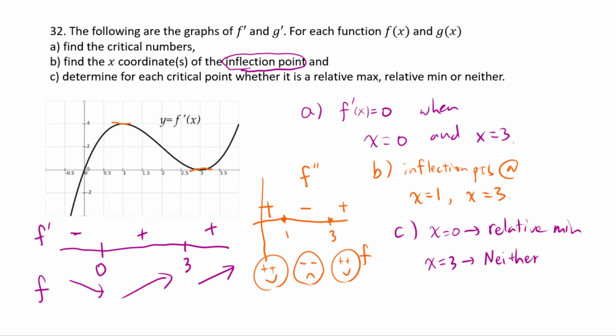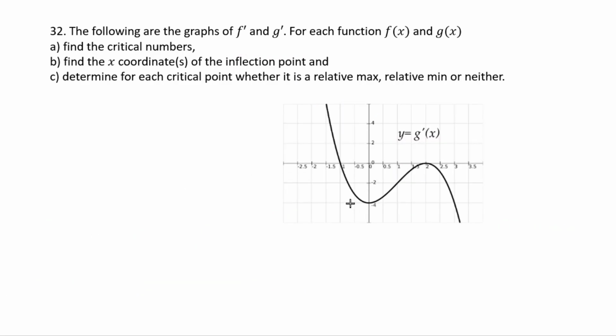All right, so let's do the same thing for G prime. Again, just draw a number line, plot where G prime is 0, and then because the function is above the x-axis, it must be positive. And the function is below the x-axis, it must be negative. And the function is below the x-axis again, it must be negative as well.